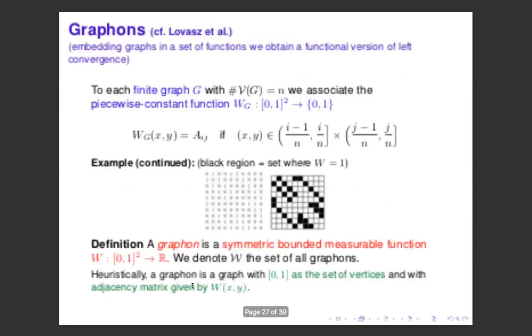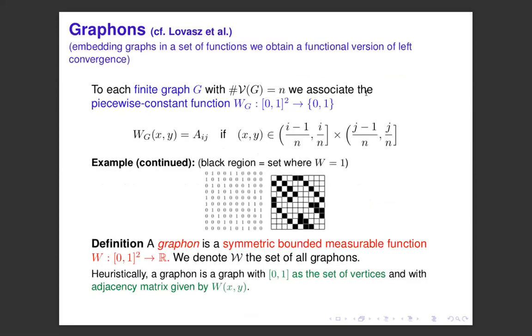But what is the limit? How can we describe the limit? So the idea of Lovász and others is to embed this graph setting in a functional setting and define a functional version, which is very close to a weak version of left convergence.